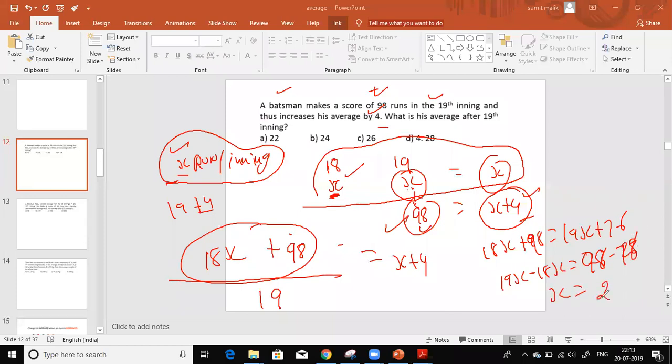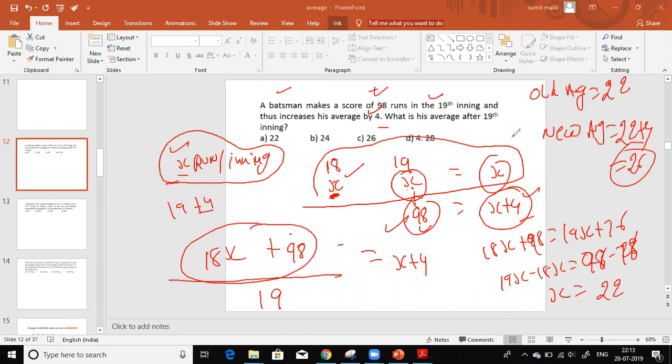X is equal to 22. It means the old average was 22 and the new average was X plus 4, that is equal to 26. Now, this was the first method, the basic method.